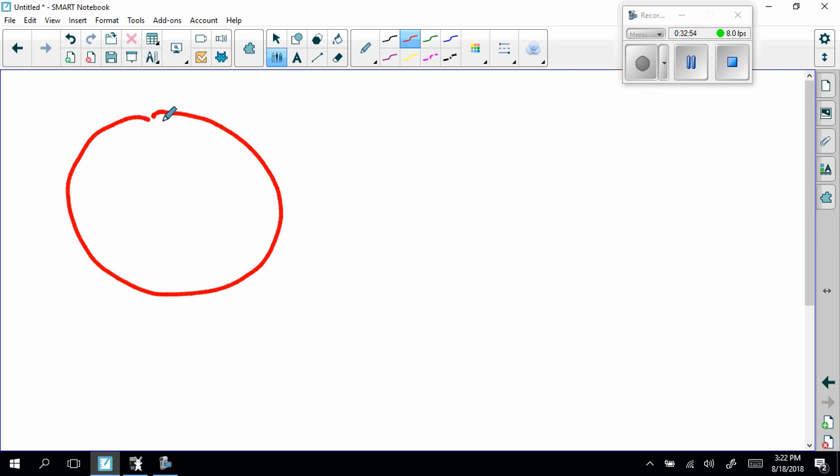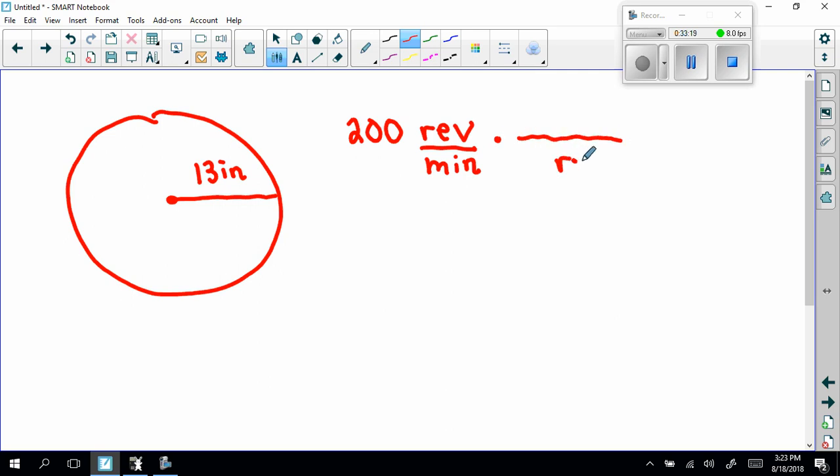So here's the bike tire, 13 inches radius. But I give you something like it's going at 200 revolutions per minute. Basically, I'm almost giving you the angular velocity. What I'm going to do is get rid of revolutions, but I want radians.